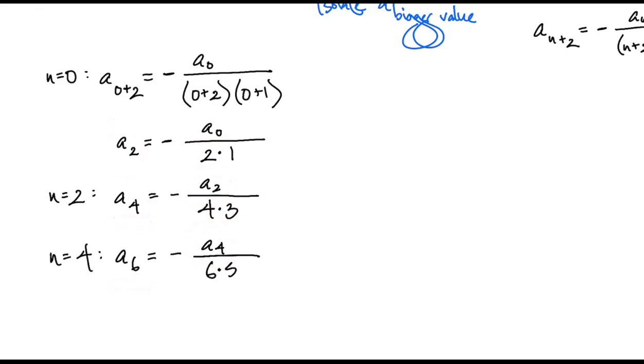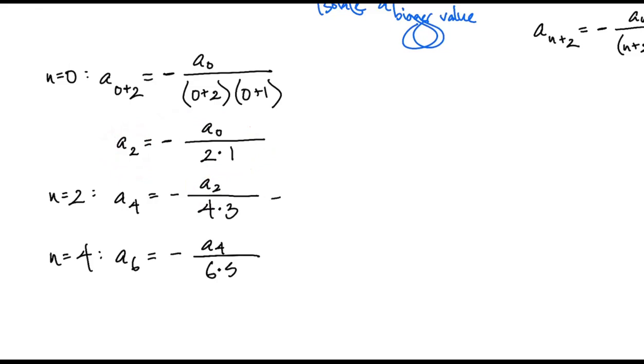However, it turns out we can be really clever in these situations. I already defined a sub 2. In fact, I said that a sub 2 equals negative a sub 0 over 2 times 1. Everywhere I see an a sub 2 in the other term, I'm going to go ahead and replace it with this.